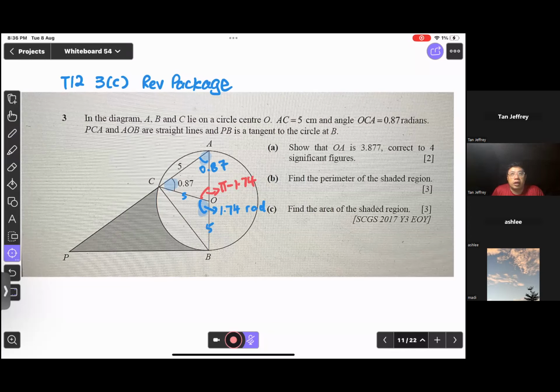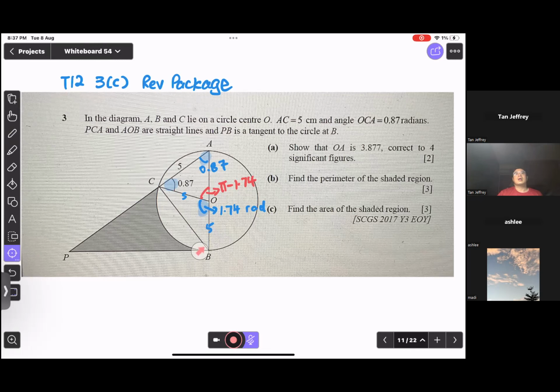OA is 3.877. How do I find this? That is a good question. Okay, I know that this triangle, this is 10, this is 10. This is 90.